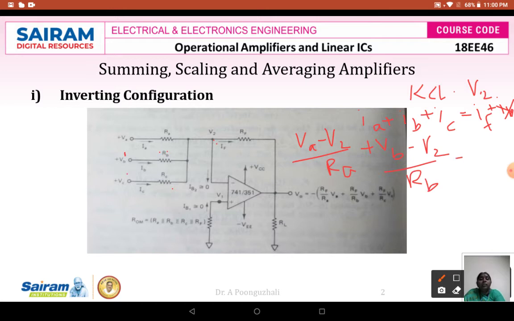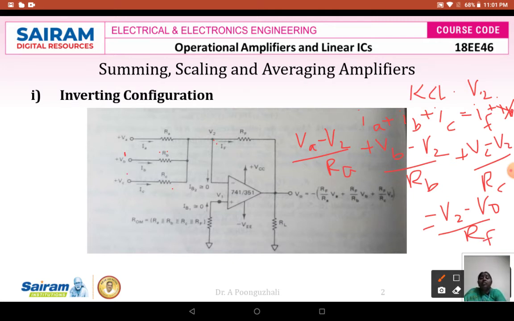Plus your IC. IC is nothing but VC minus V2 divided by RC, which is equivalent to, what is IF? The current flows between V2 and V0. So I can write V2 minus V0 divided by RF.